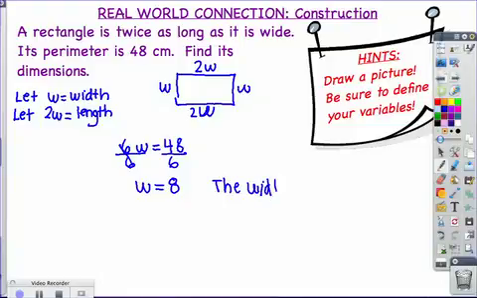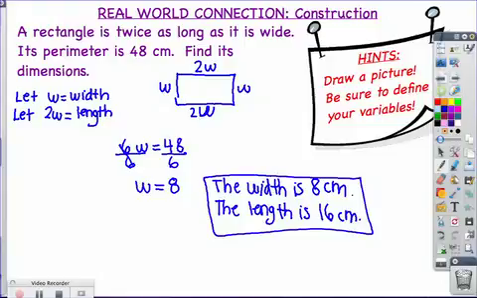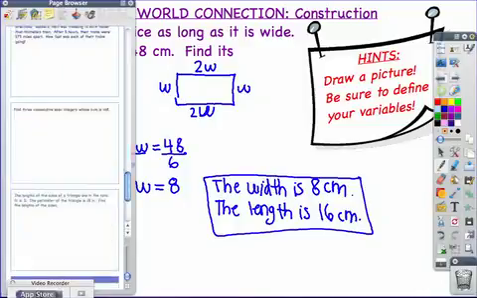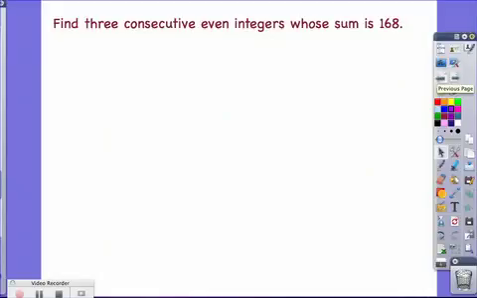The sum is 168. So x plus x plus 2 plus x plus 4 equals 168. Combining like terms, we get 3x plus 6 equals 168. Subtract 6, we get 3x equals 162. And when I divide both sides by 3, I get x equals 54.